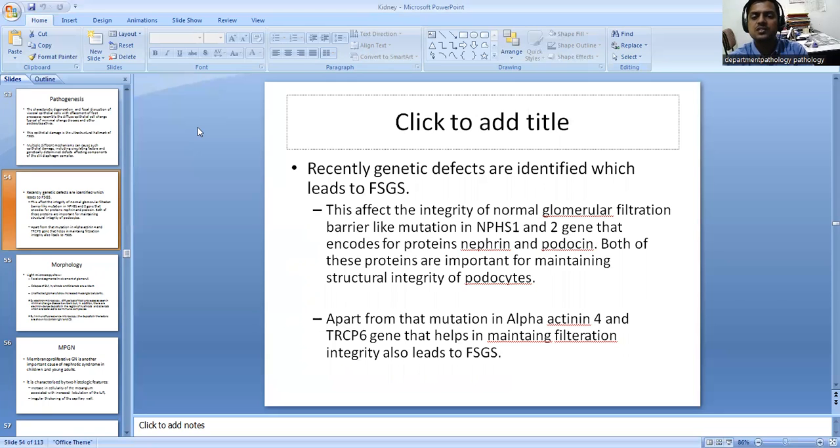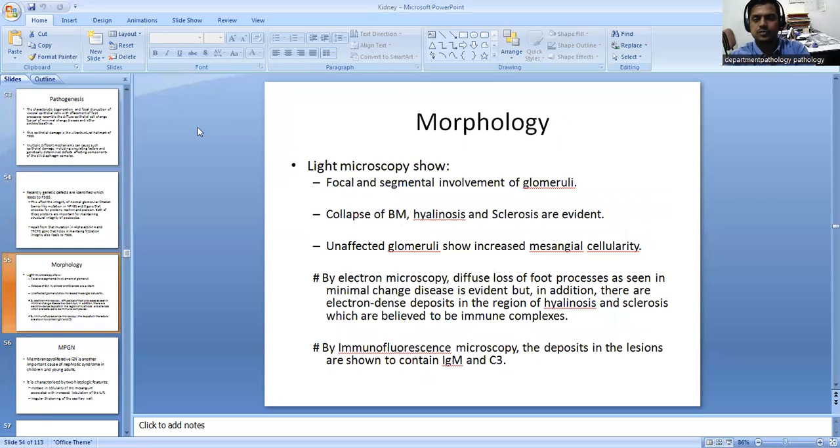Both of these proteins are important for maintaining structural integrity of podocytes. Apart from that, mutations in the alpha-actinin 4 and TRPC6 genes, which help in maintaining filtration integrity, also lead to FSGS.